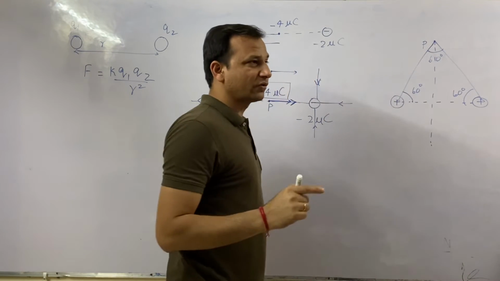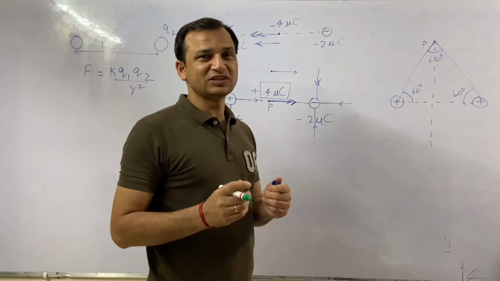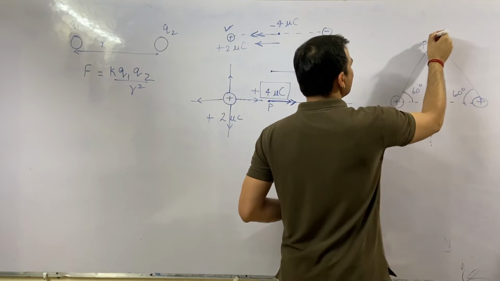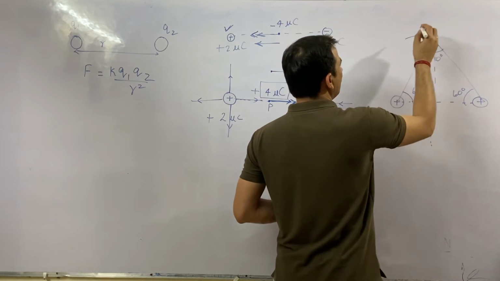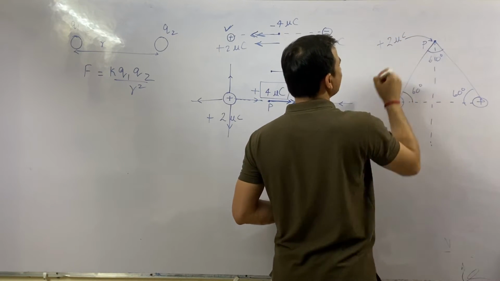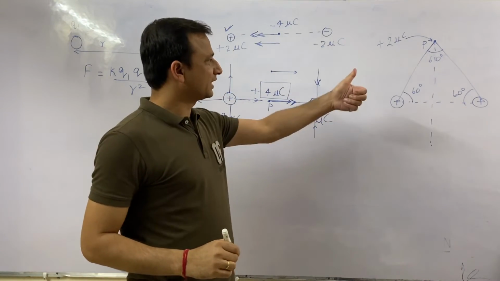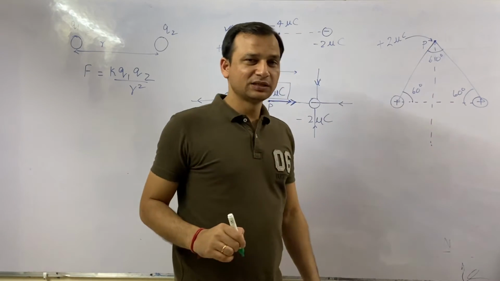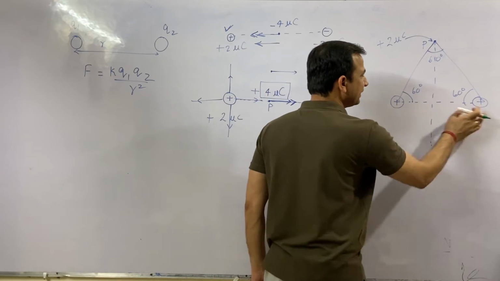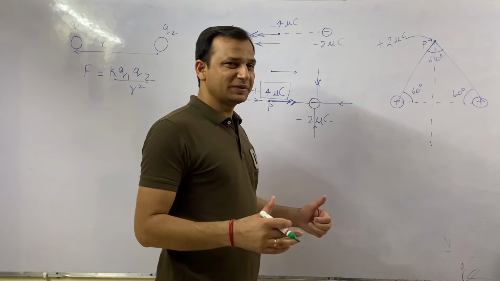To find the direction of force at point P, we should assume the nature of the charge which is kept at point P. So I'm keeping a charge of, let's say, 2 microcoulomb, positive in nature. So at point P, on the vertex of this equilateral triangle, on the top there is a charge of plus 2 microcoulomb. These two charges are already positive. So what would be the direction of force?